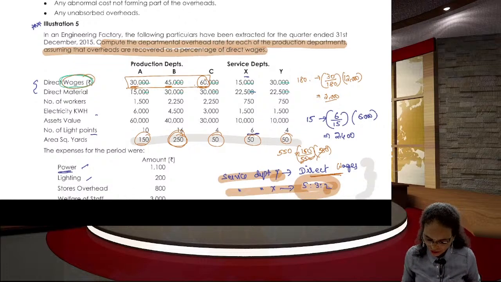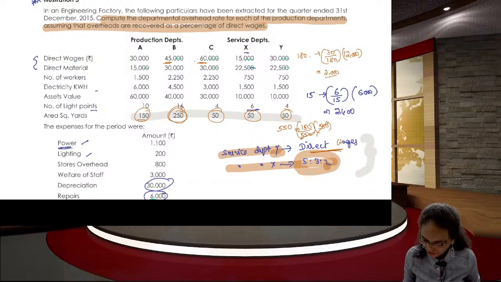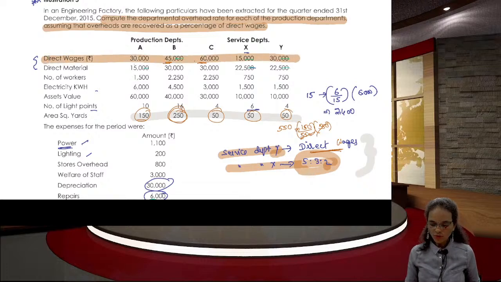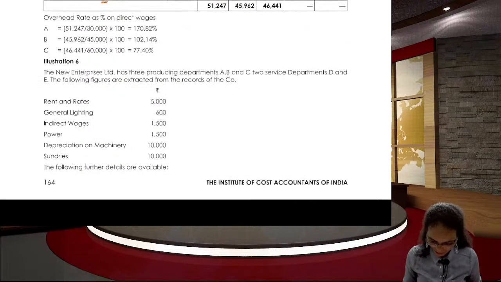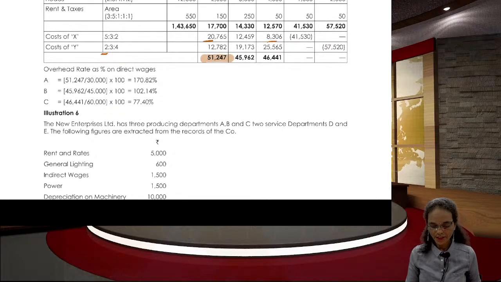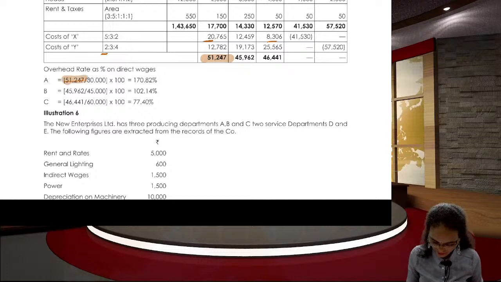So come back here. What are the direct wages? These are the direct wages. So 30,000, 45,000 and 60,000. Come back here. The expenditure of the production department X here by 30,000.